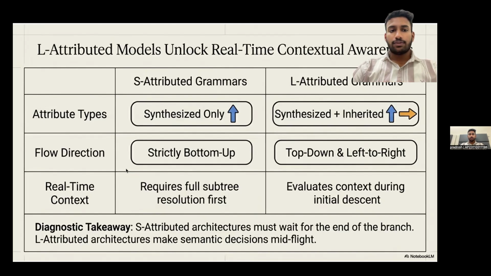We have to wait for the entire branch of a tree to resolve before we know what's going on. But L-attribute grammar gives us the best of both worlds, using synthesized and inherited attributes, allowing for on-the-fly decisions.